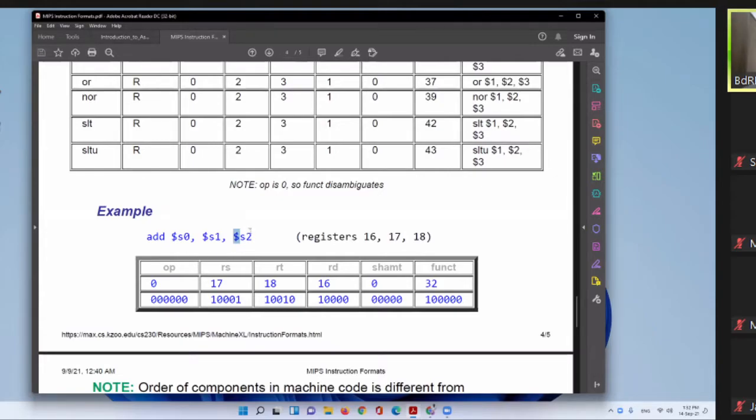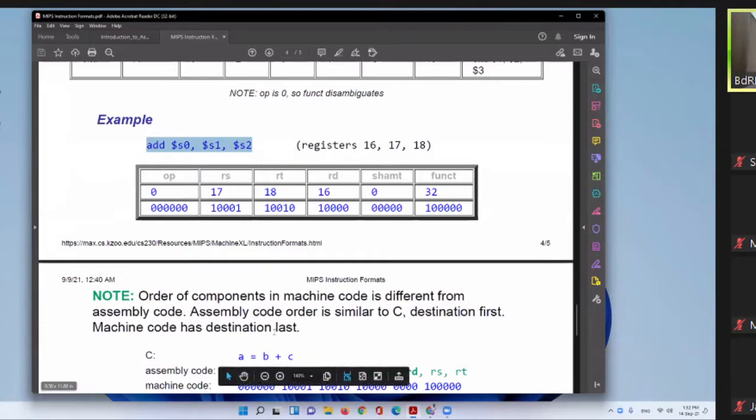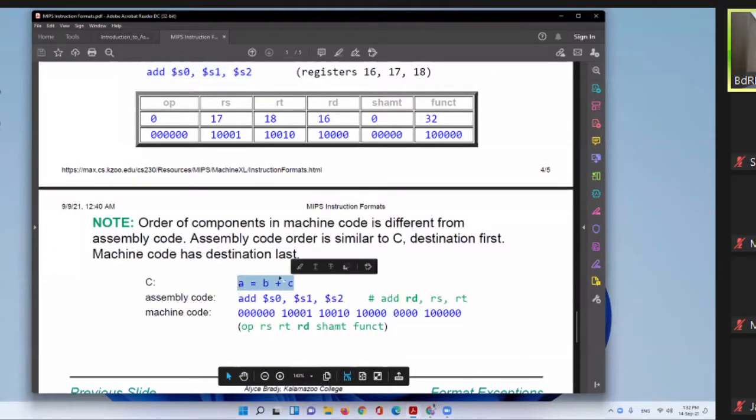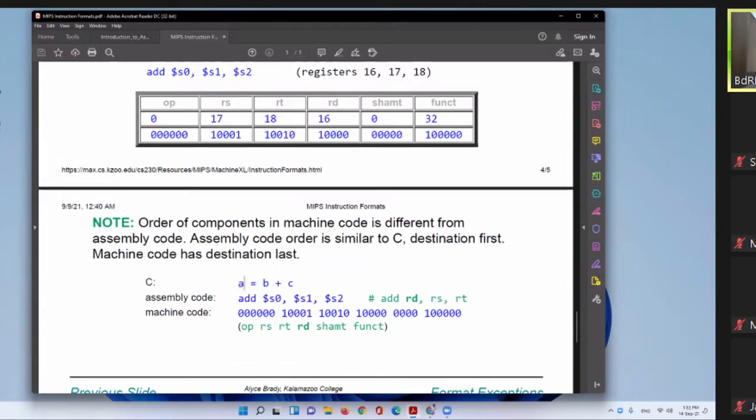Fine. So if you want to explain or rewrite the code in C programming or high-level programming, that will be A equal to B plus C. In this case, A represents this, B represents $s1, and C represents $s2. Here you can see that for add, we have 3 registers, right?